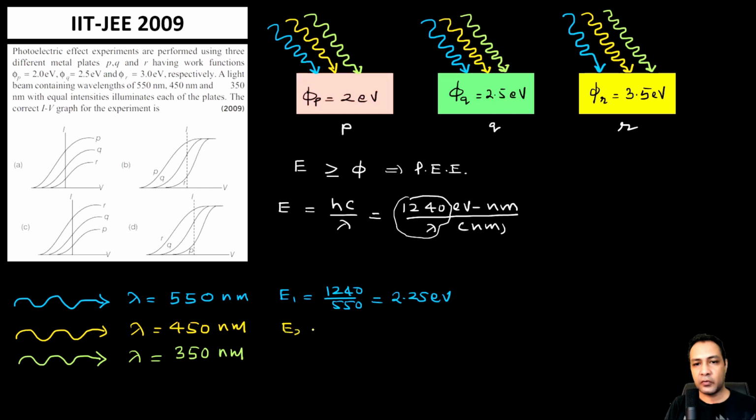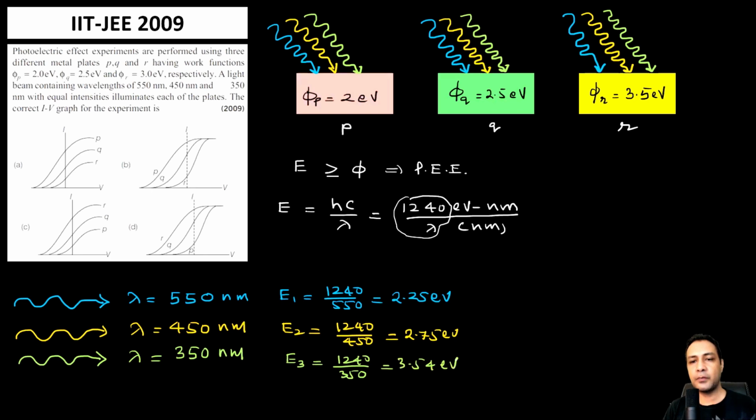And energy of a photon of wavelength 450 nanometer will be 1240 divided by 450, and that would be 2.75 electron volt. And energy of a photon of light of wavelength 350 nanometer would be 1240 divided by 350, and that will come out to be 3.54 electron volt.